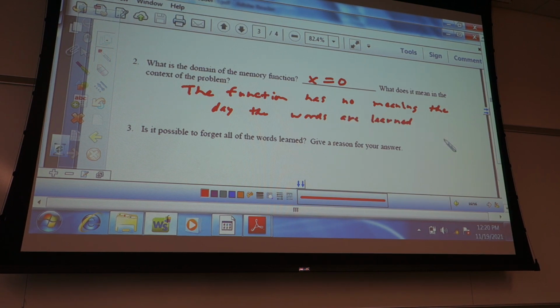Does it mean they certainly can't remember more than 40 words? And that becomes a little bit crazy, right? Theoretically, is it possible to forget all the words learned?